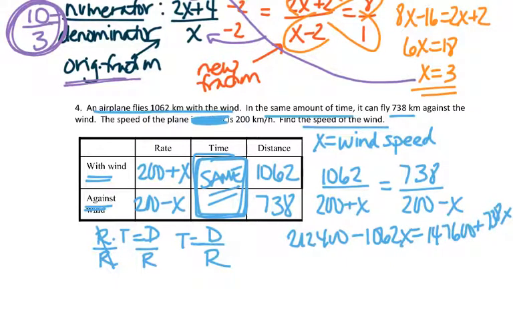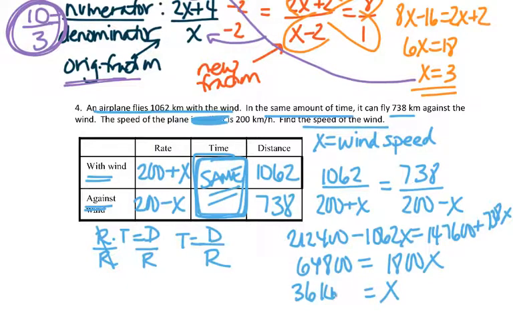So if we subtract here, minus 147,600, I'm getting here 64,800 equals, if I add 1062x to both sides, 1800x. And then of course I'm going to divide. And that's going to give me my speed of the wind is 36 kilometers per hour.